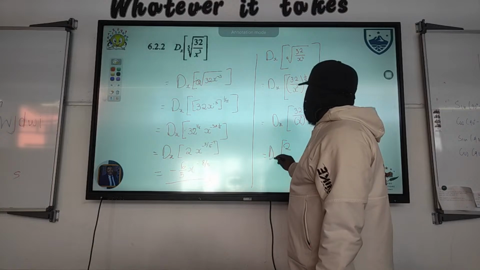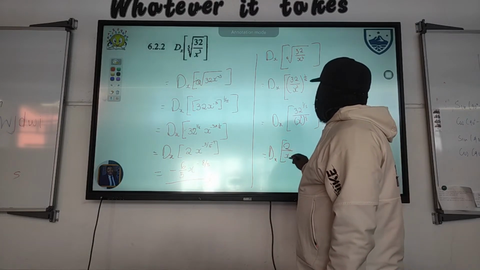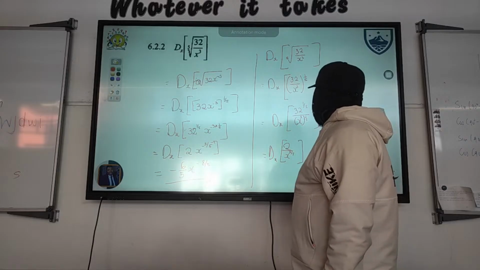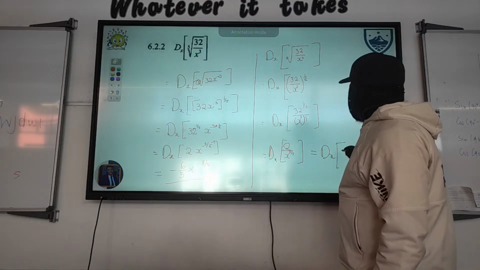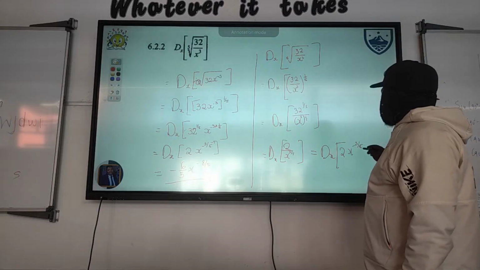Don't forget the dx, because we are simplifying. And at the bottom, we have x to the power of 3 over 5. And this simply will give us 2 x to the power of negative 3 over 5.